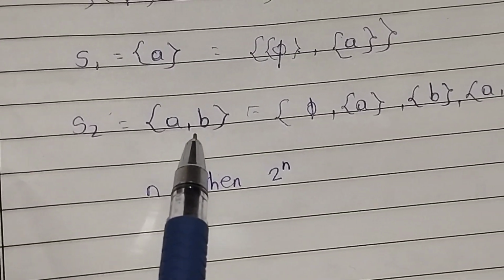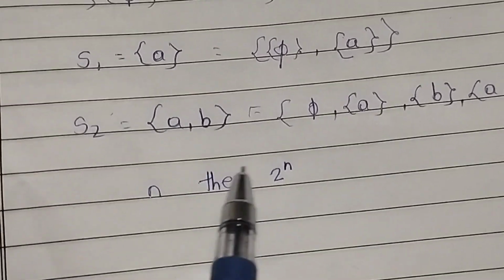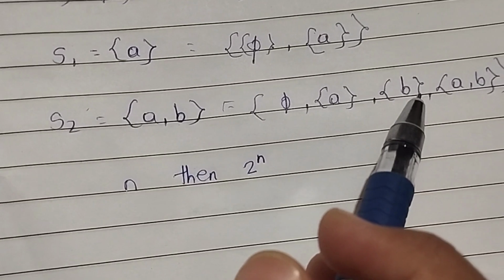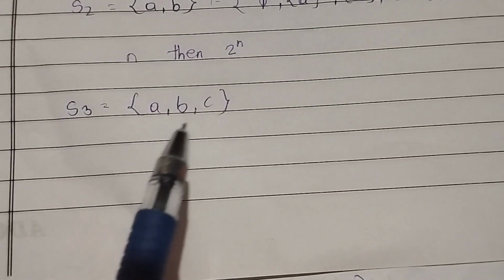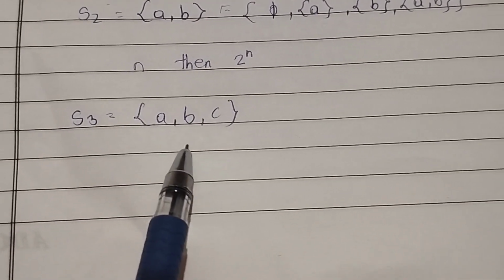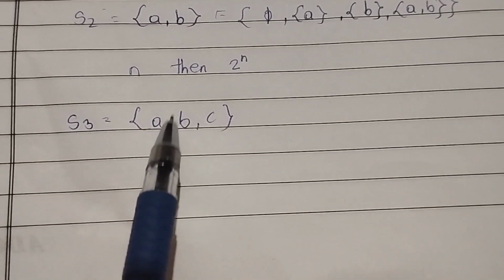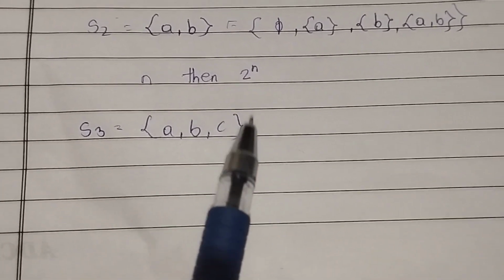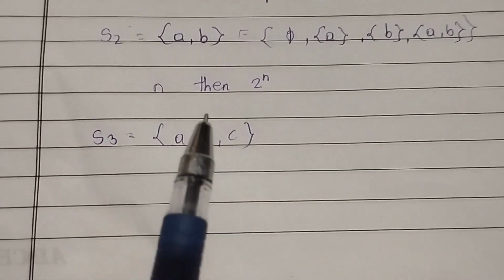So here 2 members are present, then 2 raised to 2 means 4. That's why here 4 subsets are formed. Suppose now 3 members are present, then the number of subsets is 2 raised to 3, meaning a total of 8 subsets are formed by using this single set.